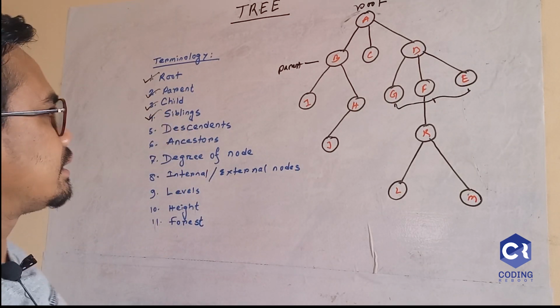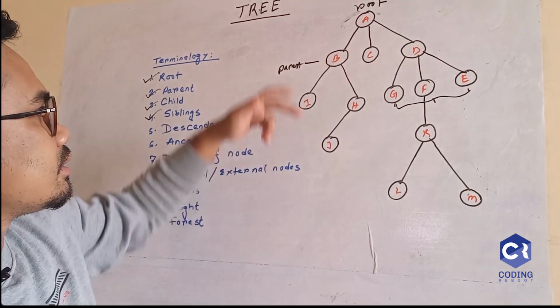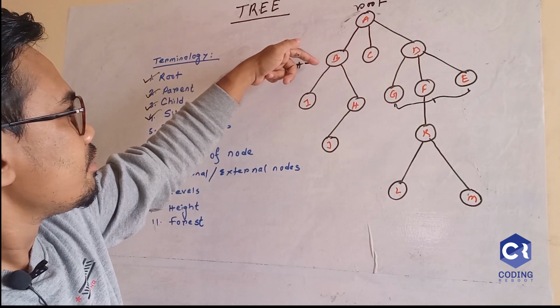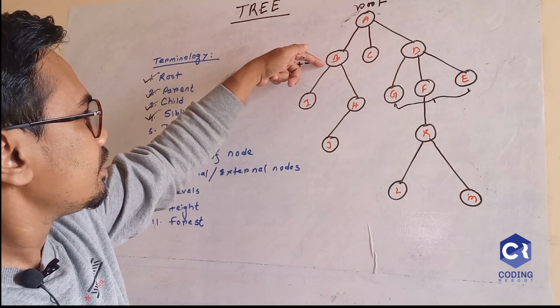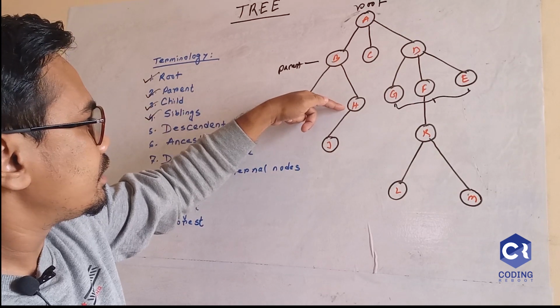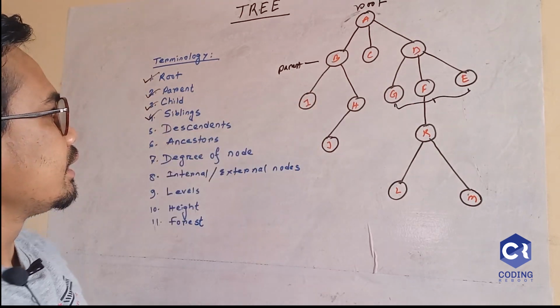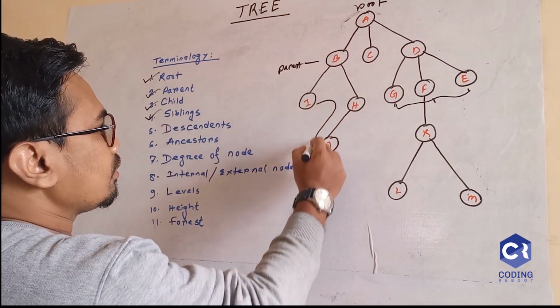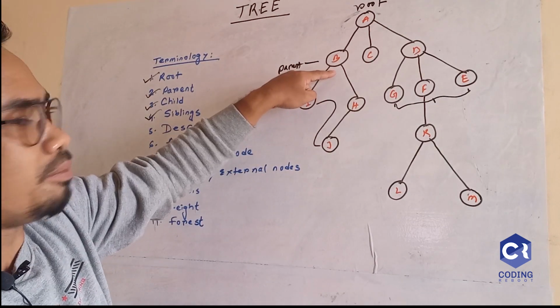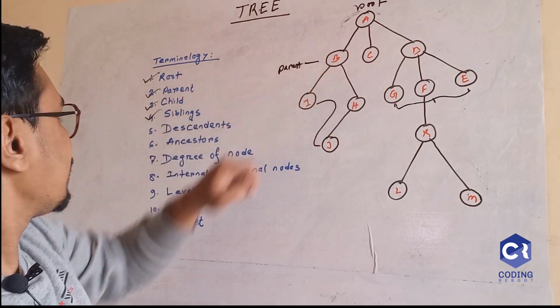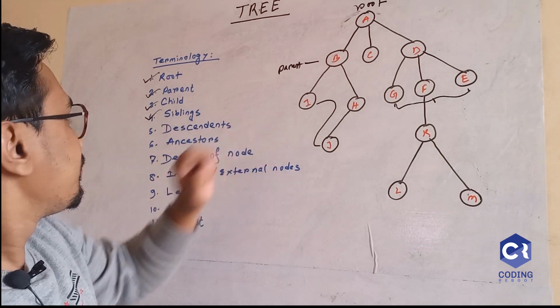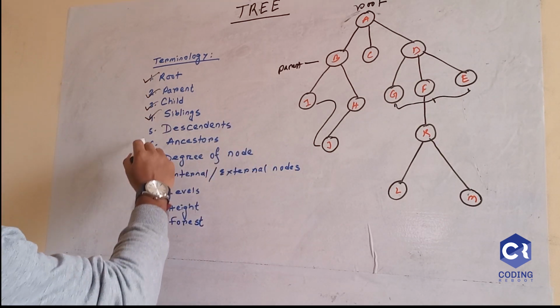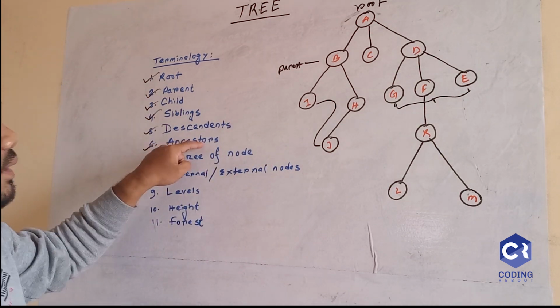And what about the descendants? For B, I, H and J are all the descendants of B. So, what about the ancestors?